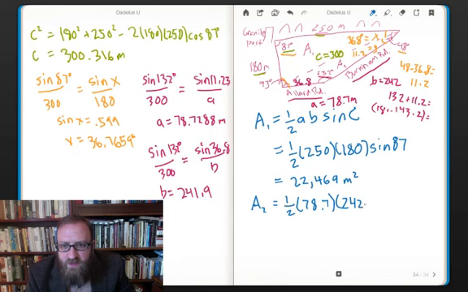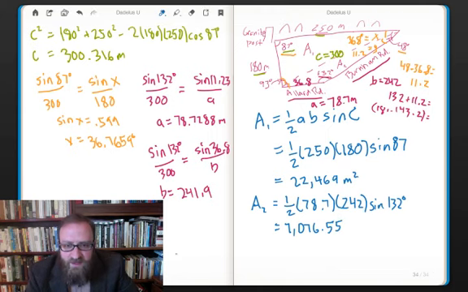I'm going to write it was about 242. And that area comes out to, don't forget, times the sine of the included angle, which is the 132, which we've had for quite a while. Had that on the previous page. So that area comes out to 7,076.55.